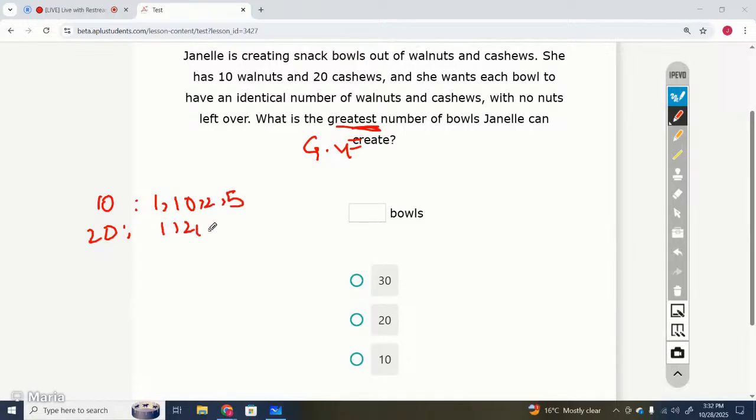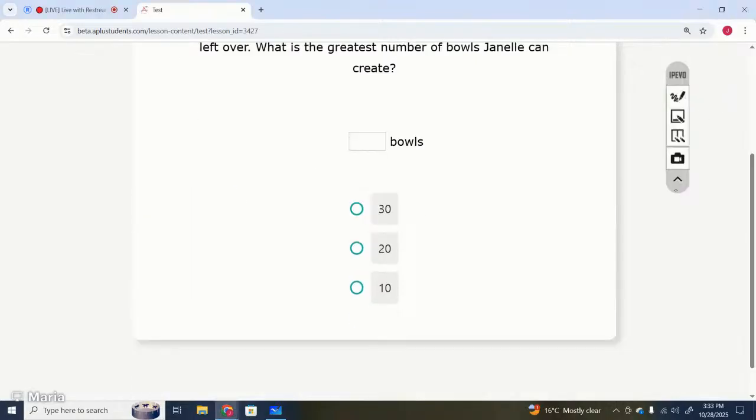Now write down the factors of 20. 1 times 20, 4 times 5 is 20. So the greatest common factor is 10. So the correct option is 10, option number 3 is the correct option.